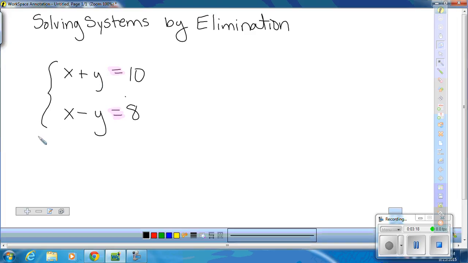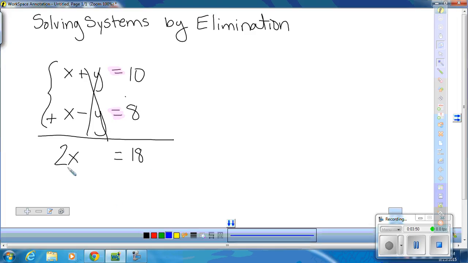So when I look at these two equations and add them together, I have x plus x, which would be 2x, but I have 1y and negative 1y. 1y plus negative 1y cancels out. It eliminated the y's. I have my equal sign, and then on this side I have 10 plus 8, which is 18. What just happened is I added these two equations together, and now I have one equation with one variable. This is 2x equals 18.